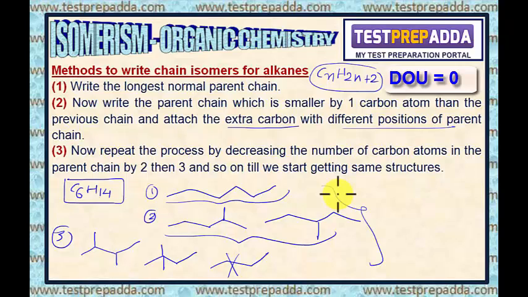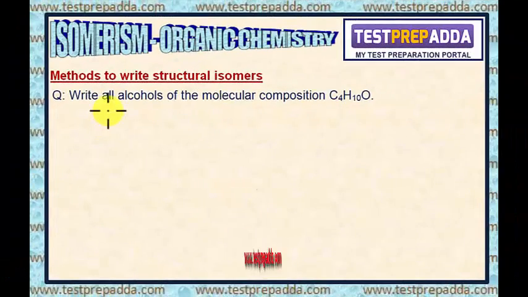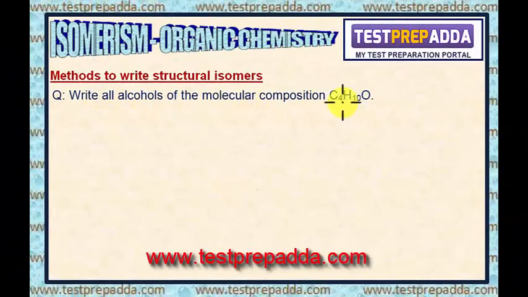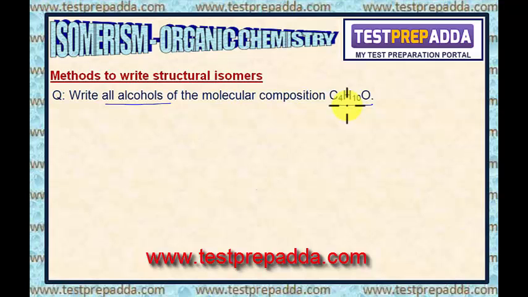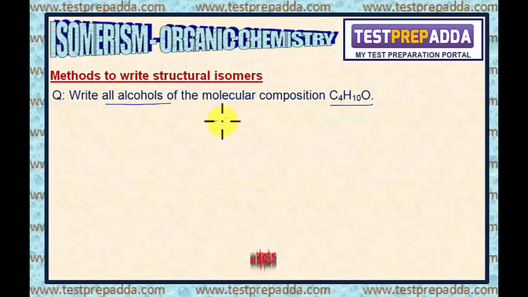I'll take one example here. Consider this case. Here, molecular composition is given C4H10O, and we are asked to write all possible alcohols of this molecular composition. Okay, we know that alcohol must contain OH group.